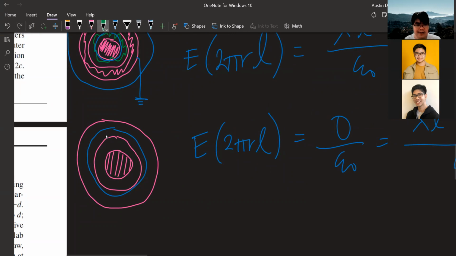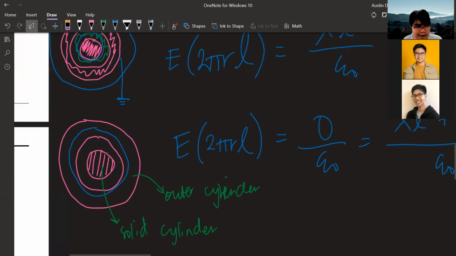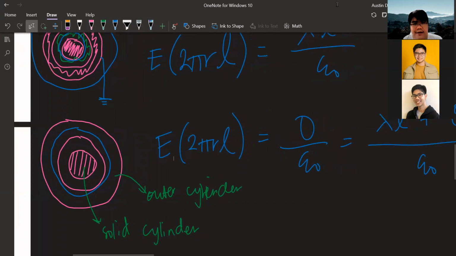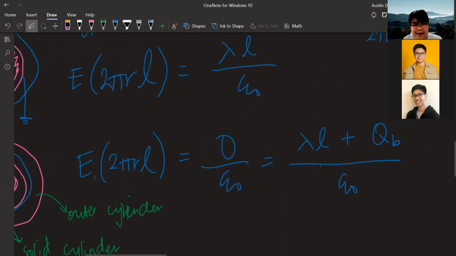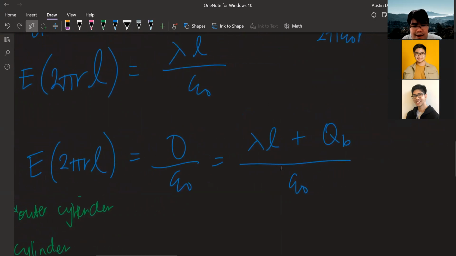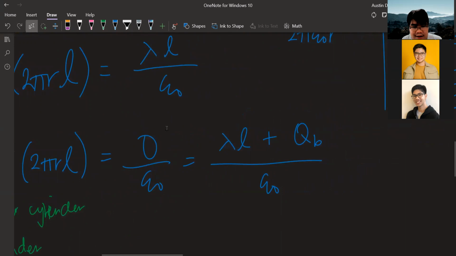Let's draw it. Solid cylinder, and this is your outer cylinder. So I could write this down like this. But as prescribed by the properties of a conductor, this numerator must be 0.